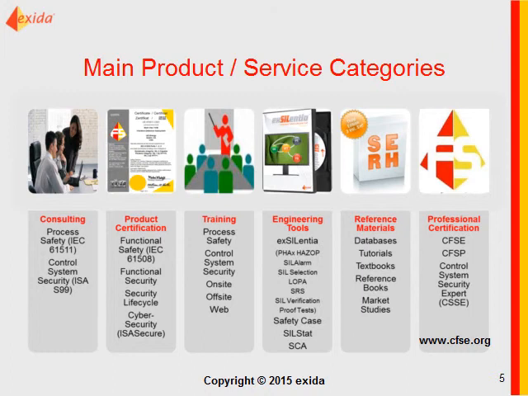FMEDA does a lot of different activities, including systems level consulting, training, tools, and we have reference materials where we publish a significant portion of our failure data research, and we have a strong product and professional certification group who has now performed most of the certifications in the process industries.